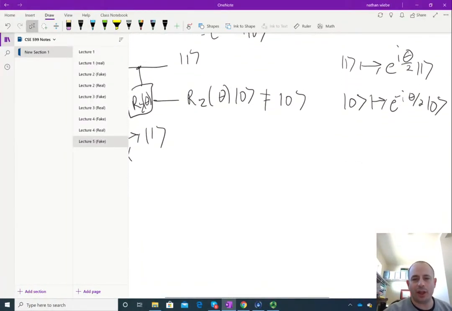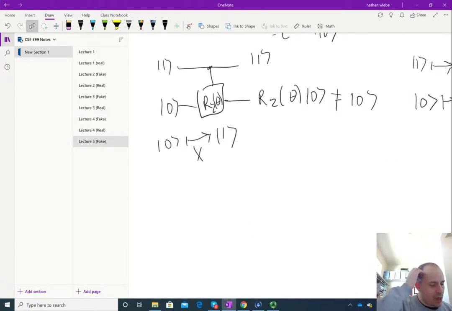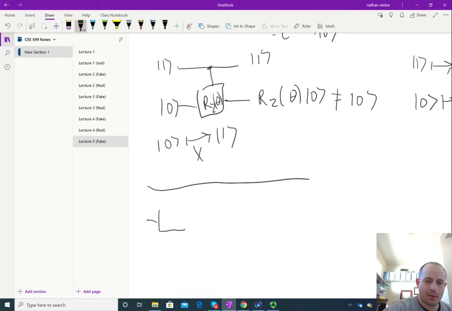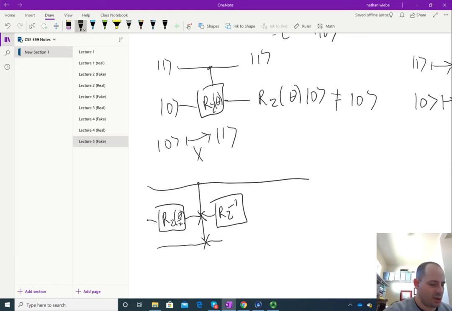And so this circuit over here ends up taking the form RZ inverse, swap.